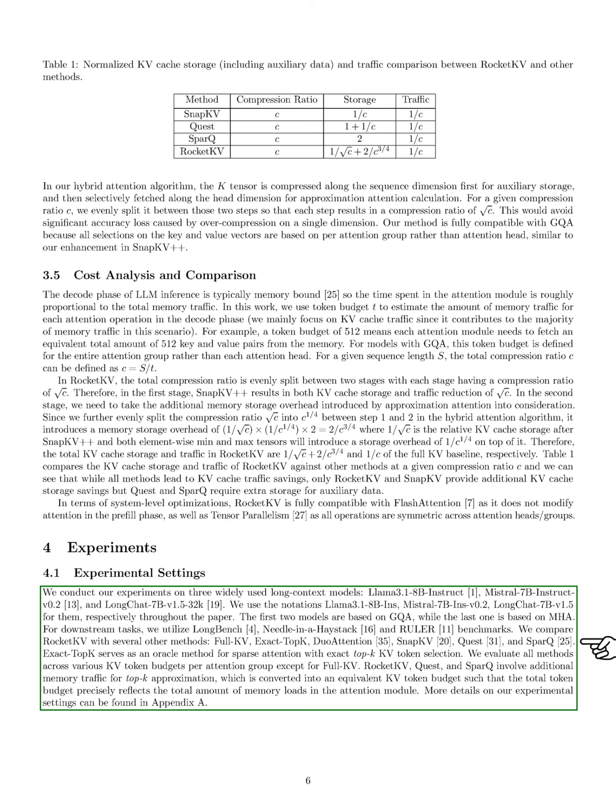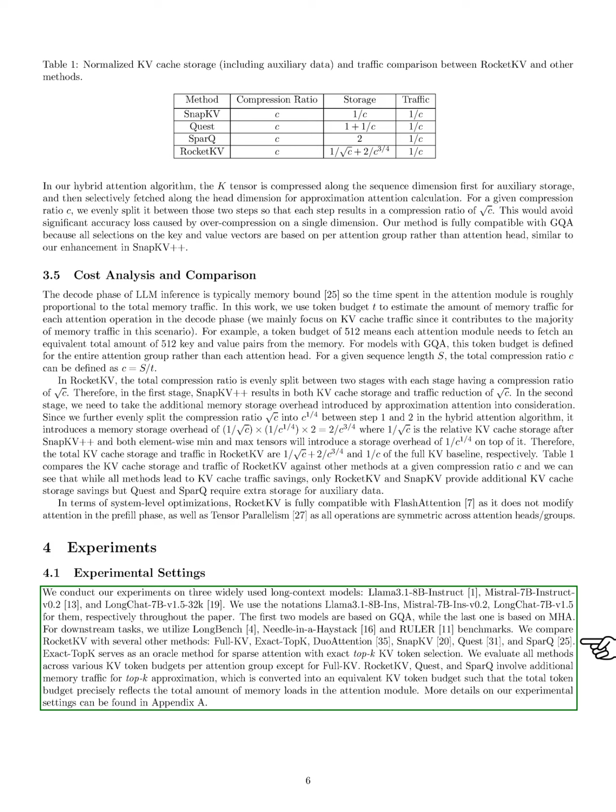The first 2 models are based on GQA, while the last one uses multi-head attention, MHA. We assess various downstream tasks using benchmarks like LongBench, Needle in a Haystack, and RULER, comparing RocketKV against several other methods, including full KV, exact top K, DuoAttention, SnapKV, Quest, and SparQ.